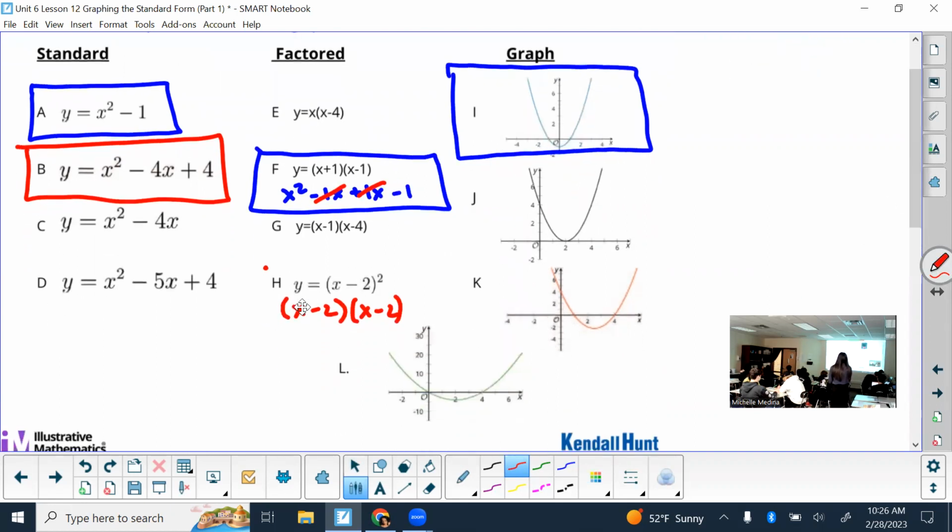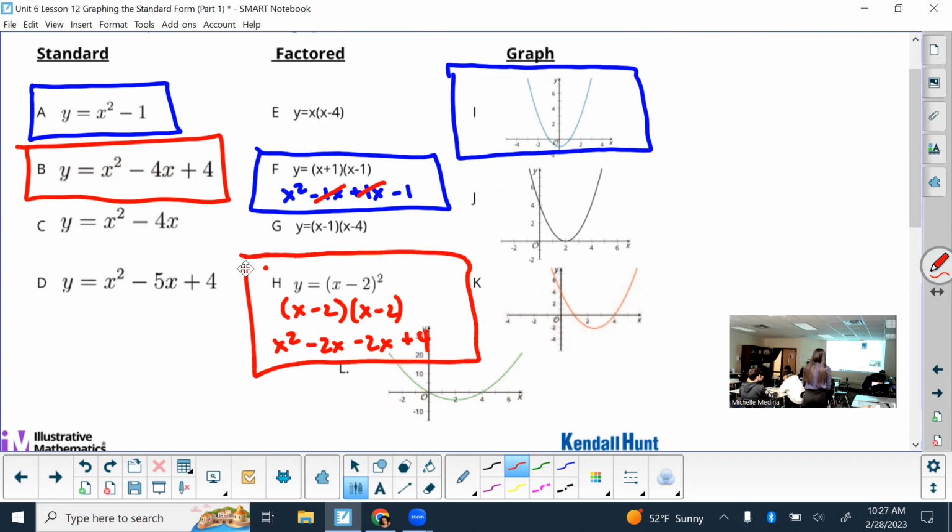That means that we're multiplying the base by itself, and then FOIL. So we get x squared, outer -2x, inner -2x, last -2 times -2 is +4. And yes, when I combine these middle terms, I do get that, so that works. That's how you can confirm that the factored and the standard match.